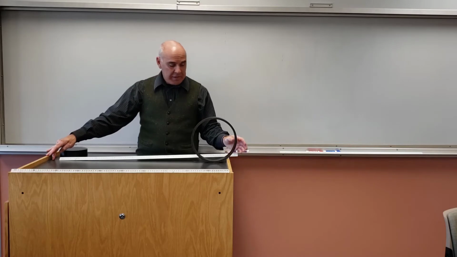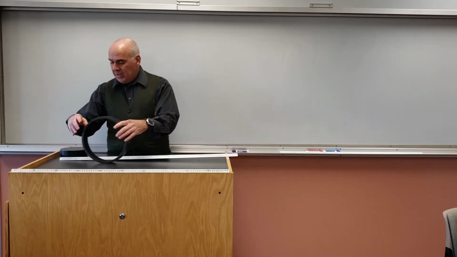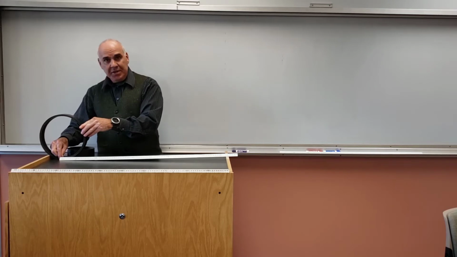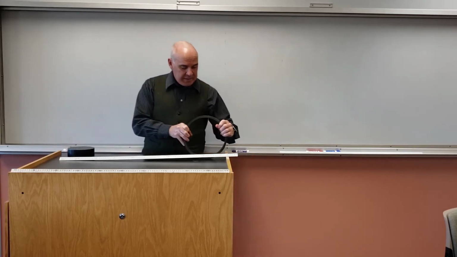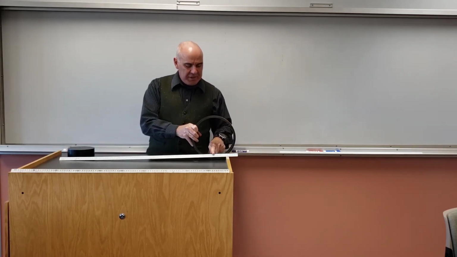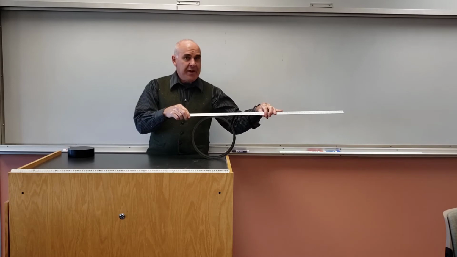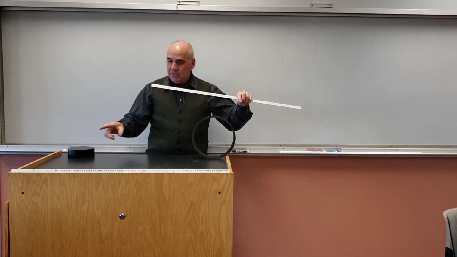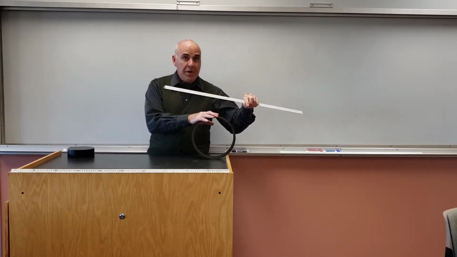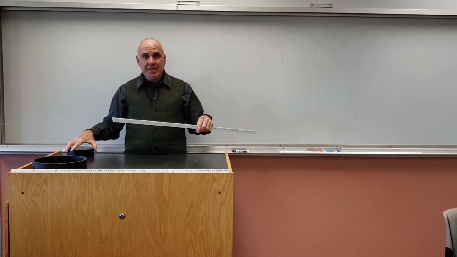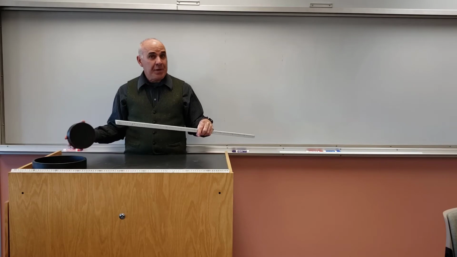Of course, I'm not all the way to the left, but that's because when I started this, the bottom of the ring was down here, and when I end it, the bottom of the ring is about here. So 0.85 meters. The end of the meter stick has traveled 0.85 meters as the wheel has rolled 0.85 meters.